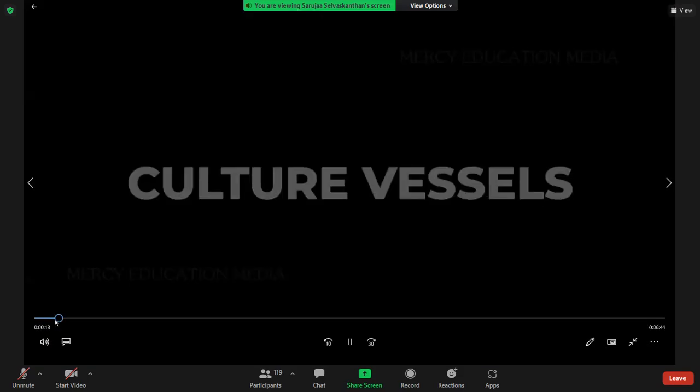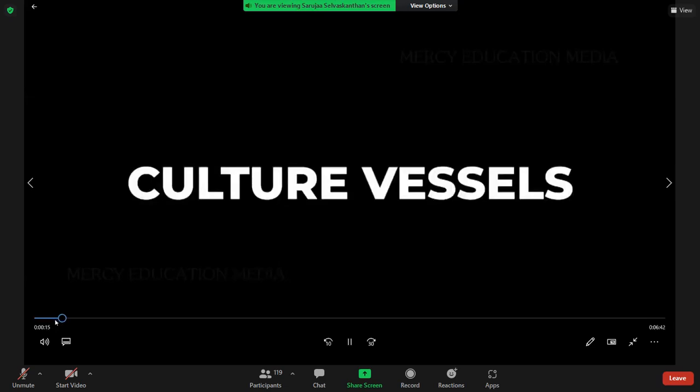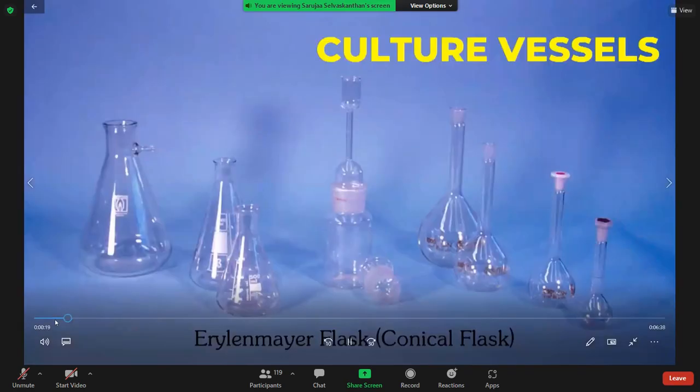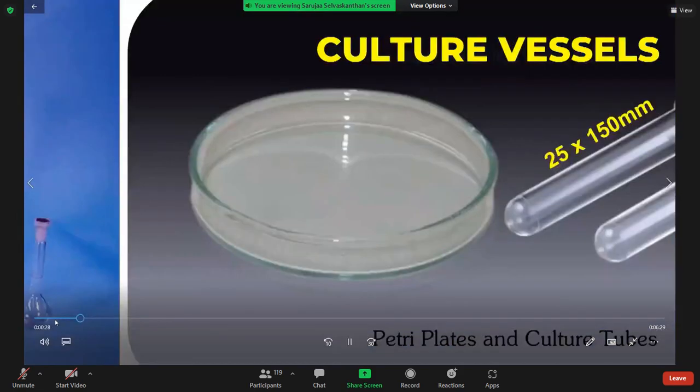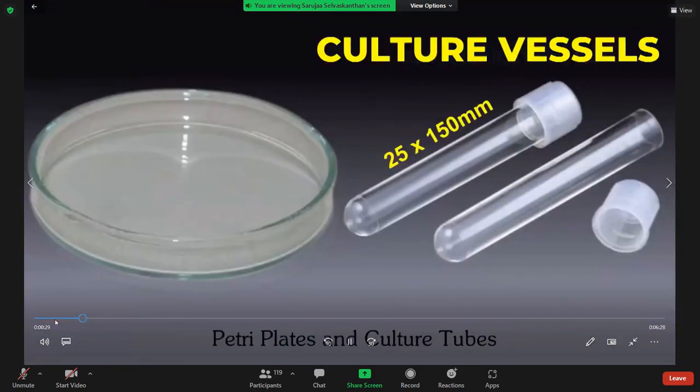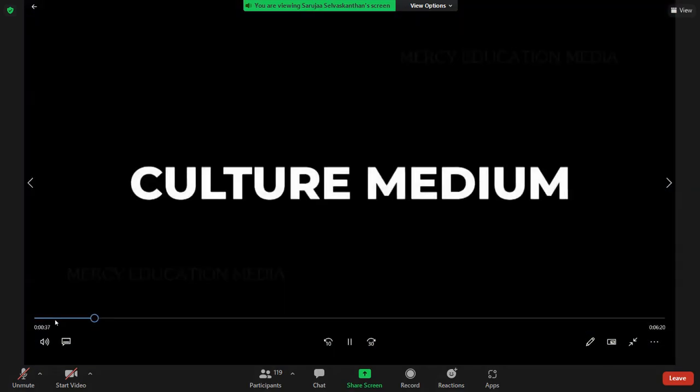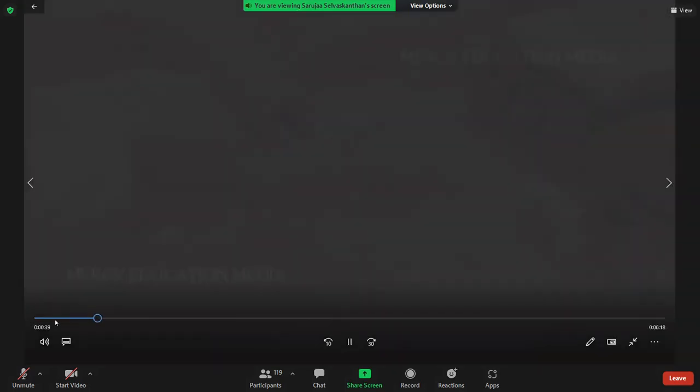Tissue culture. First, let us see about the culture vessels. The culture vessels used for plant tissue studies include Erlenmeyer flask, that is a conical flask, Petri plates and culture tubes, 25 by 150 millimeters. What do you know about culture medium?